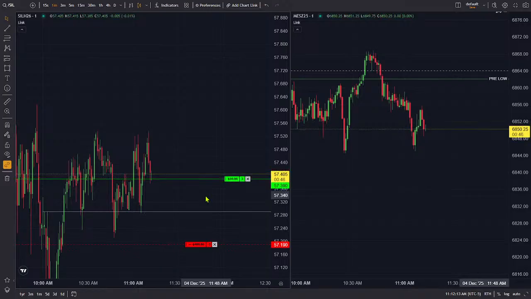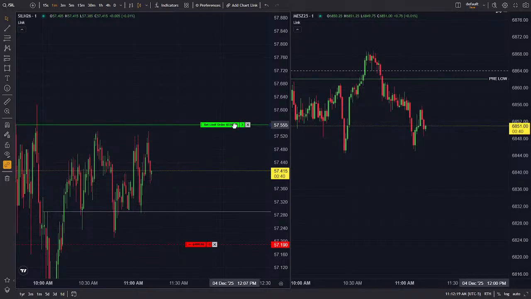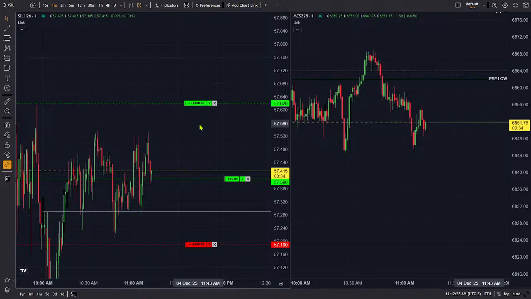I may be dead wrong here, but I think these need to fall. I don't know if I'm even going to wait for a push higher. I may just take it right there.